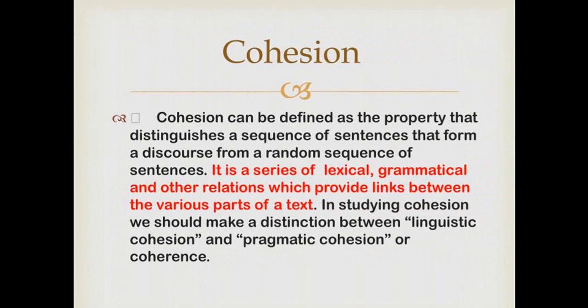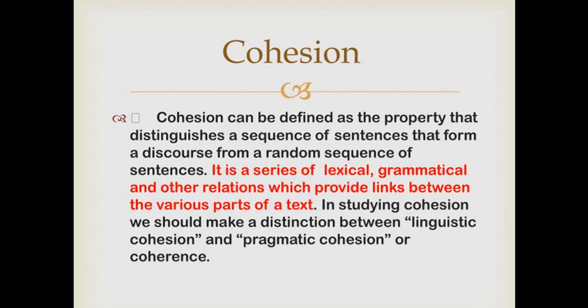So cohesion can be defined as a property that distinguishes a sequence of sentences that form a discourse from a random sequence of sentences. It is a series of lexical, grammatical, and other relations which provide links between the various parts of a text.